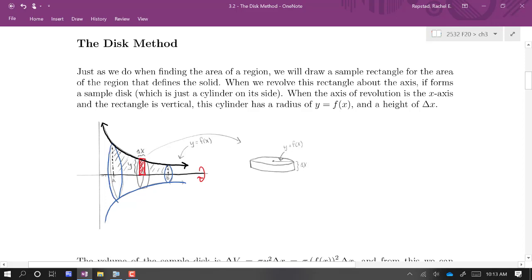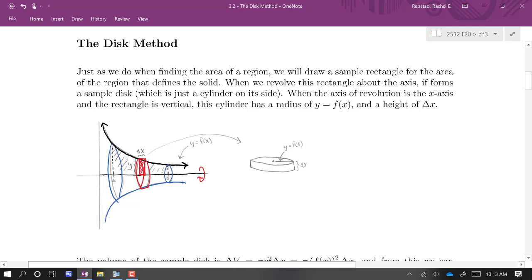And to get the volume of that solid, we're going to take that sample rectangle that we drew, and rather than find the area, we're going to revolve that rectangle about this axis. And if you revolve just this one rectangle about the axis, you get a disk shape, right?